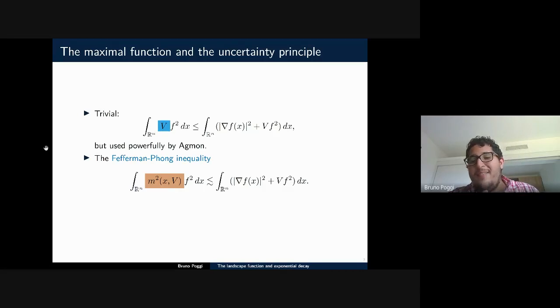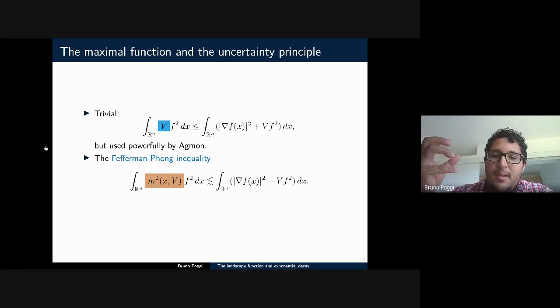One variant of it is the one that Shen proved, which is written here. This inequality is more difficult than the previous one, but the point is that you are still bounding the energy of the system below by a potential energy, except that now you have replaced V by M squared. So M squared takes the place of V, and it somehow takes in much more information than if you just put V there.